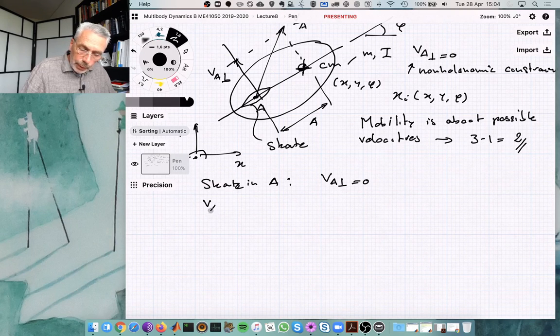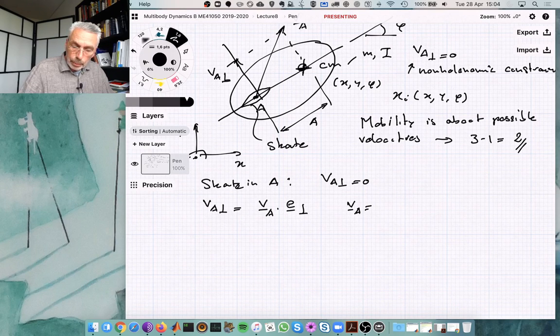We can write this V_A perpendicular as the dot product of the velocity in A with some direction vector, e perpendicular, which is this vector. The velocity in A, we only know these guys, so that's a bit tricky. We come back to that in a moment. And the e perpendicular is easy. If we look at the orientation of the body, then that is minus sine phi, cosine phi, and that's it.